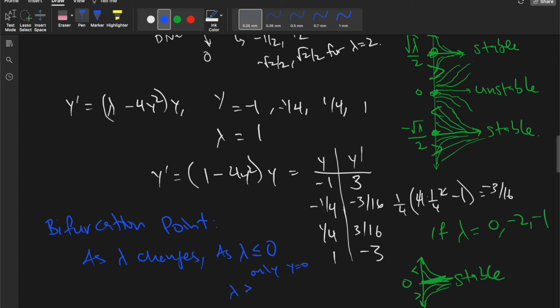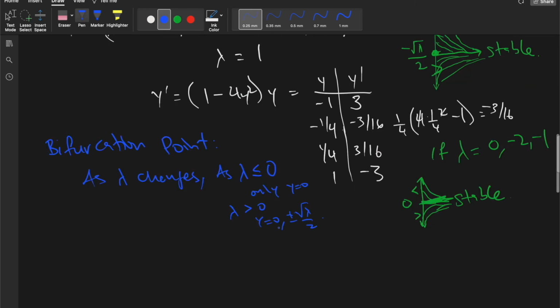But if lambda is greater than 0, we have y equals 0 or positive or negative root lambda over 2. What that means is that since y equals 0 shows up in both of these, as lambda becomes positive, the number of critical points expands from 0. Y equals 0 is a bifurcation point.